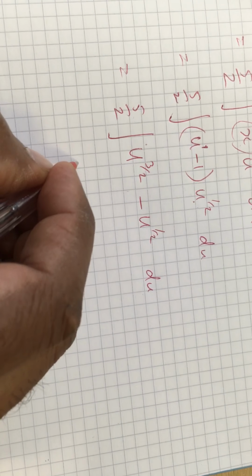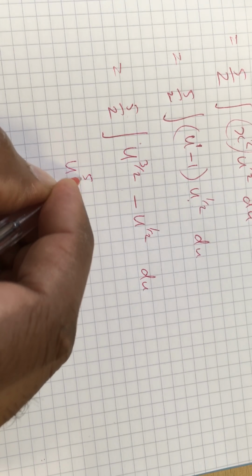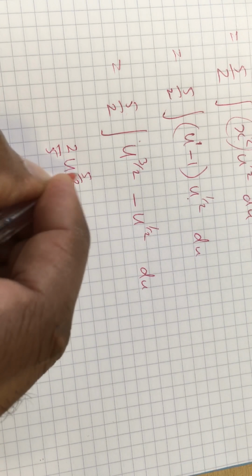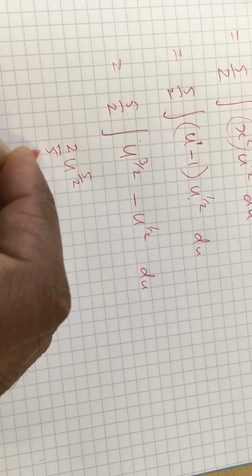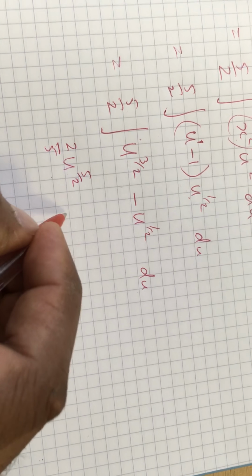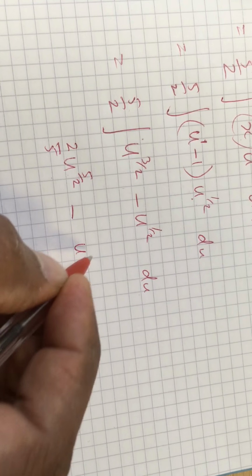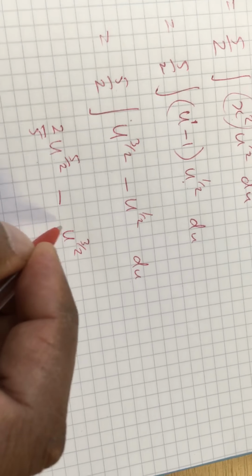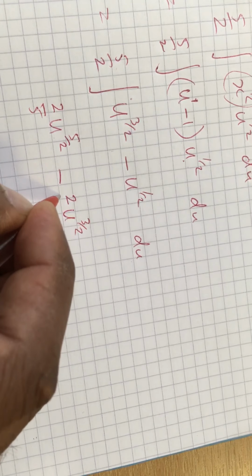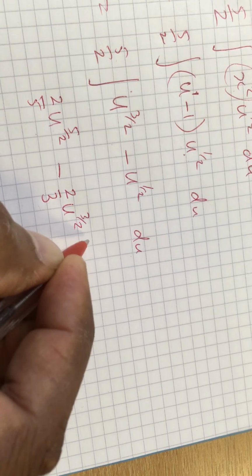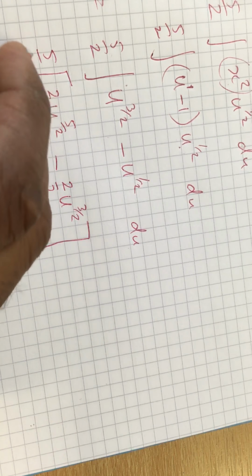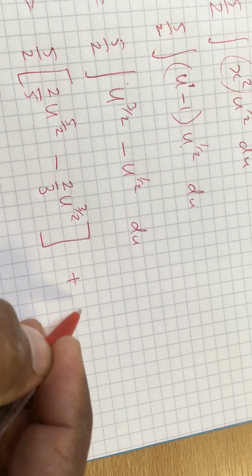So 5 over 2 divided by the new power, which is just the reciprocal. Same with this: add 1 to the power, which is 3 over 2, divided by 3 over 2, so it'd be 2 over 3. That is all multiplied by 5 over 2, which is outside, and don't forget to add the c.